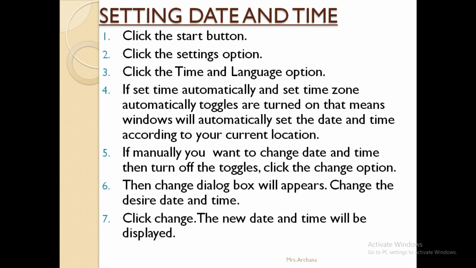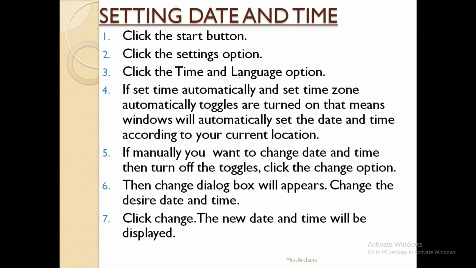The first step is click the start button, click the setting option, click the time and language option. If set time automatically and set time zone automatically toggles are turned on, that means Windows will automatically set the date and time according to your current location.